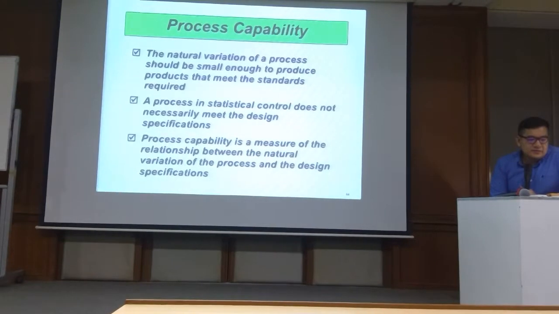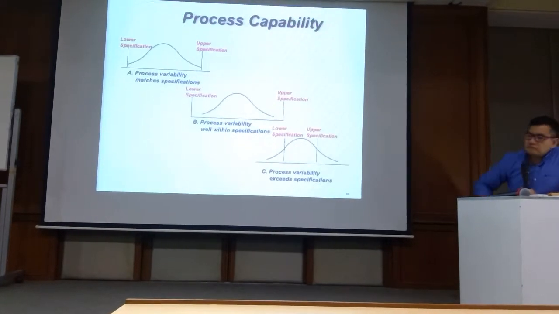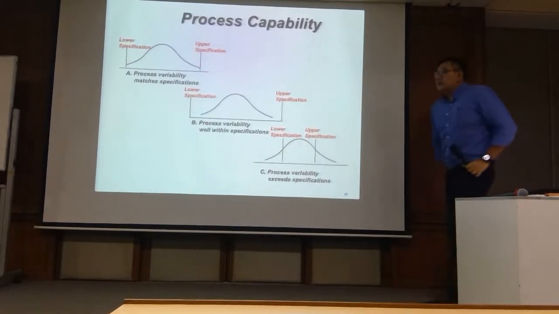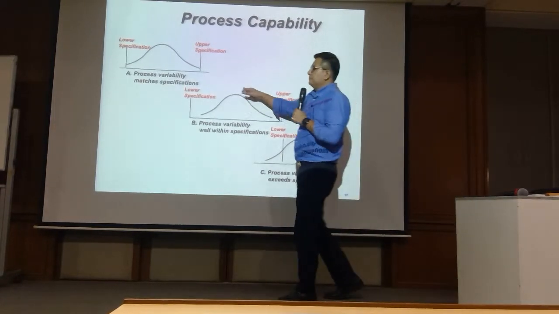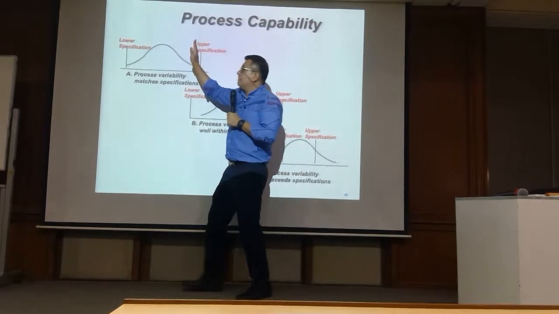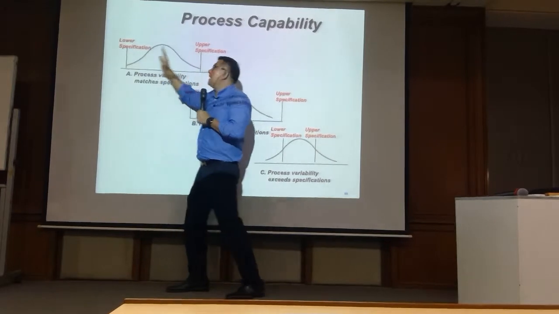We call it process capability, to evaluate whether the process can produce output within the design specification or not. We're going to start with this figure. You can see we have figure A, B, and C. Let's say this is the sampling distribution, and these lines represent the specification: lower spec, upper spec.